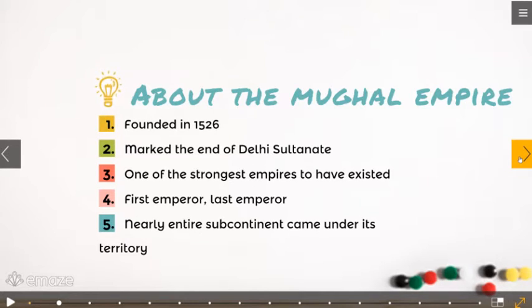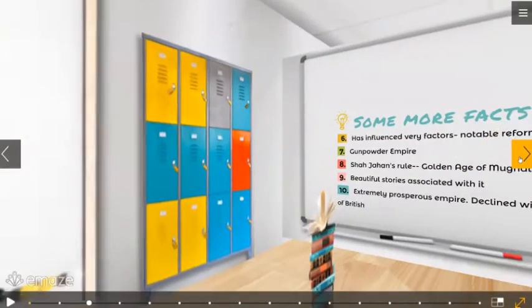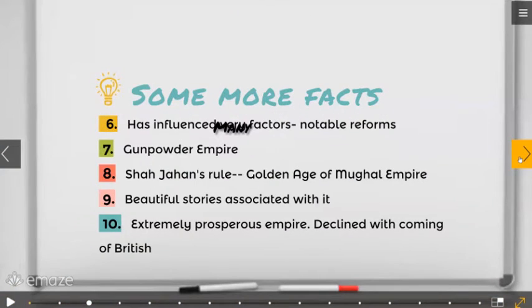Now let's go forward with some additional facts. These are not necessary, but it's good if you know about them. Firstly, the Mughals have left an impact on various sectors. For example, particularly the third emperor Akbar was very well known for his principles on secularism.